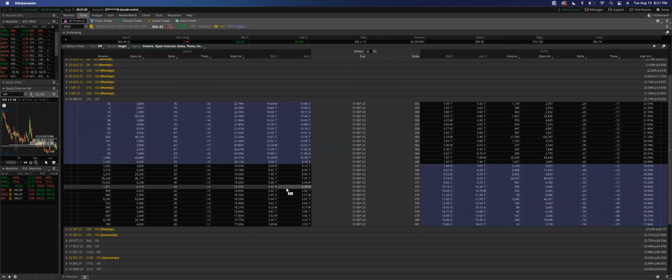There are things called intrinsic value and extrinsic value. These in the money are a mix of intrinsic and extrinsic value. This all here, out of the money, is all extrinsic value. Because we are past the strike price, there is some money in here.